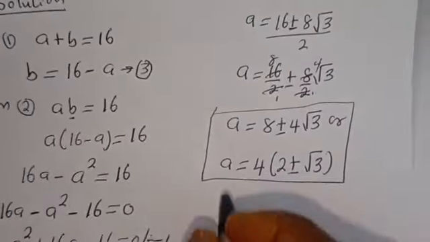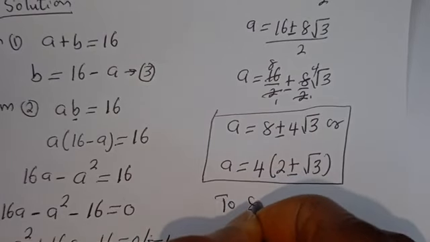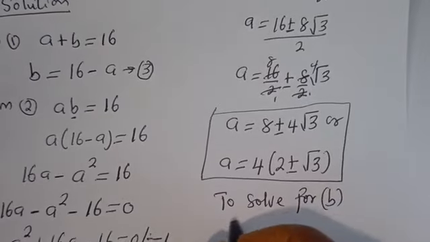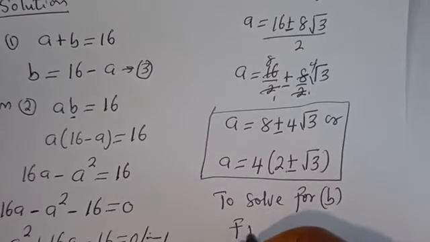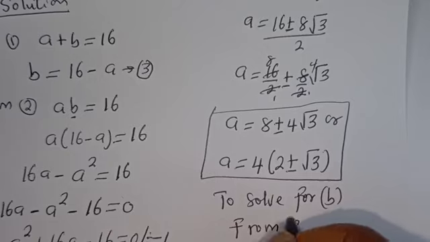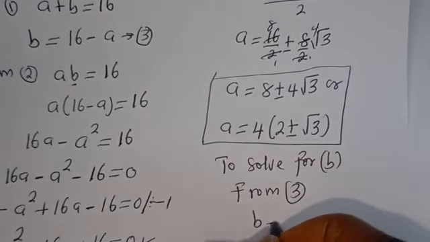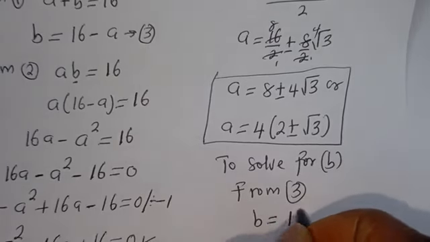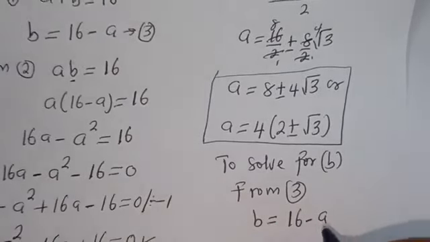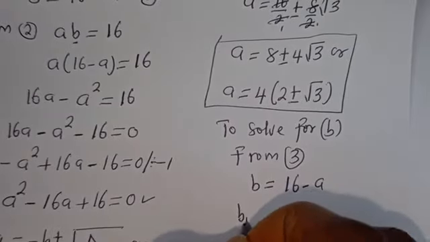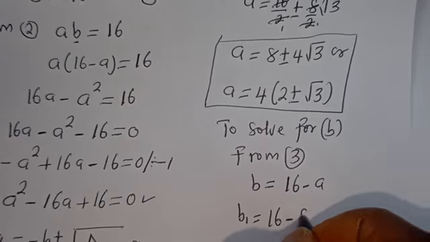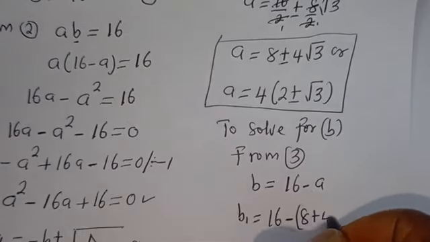Let's solve for B. To solve for B, from equation 3, B is equal to 16 minus A. Then B1 is equal to 16 minus 8 plus 4 root 3.